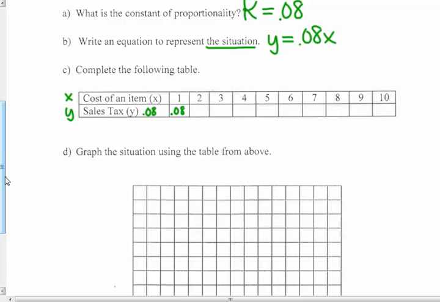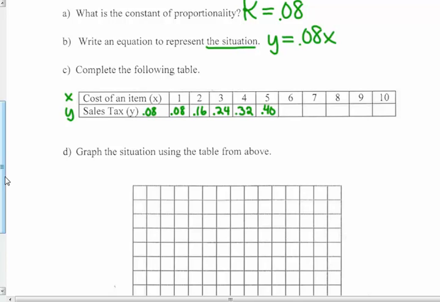I have to pay 8 more cents. If I buy something for $2, well, 2 times 8 cents is 16 cents. 3 times 8 cents is 24 cents. 4 times 8 cents is 32 cents, or 32 hundredths. 5 times 8 cents is 40 cents.